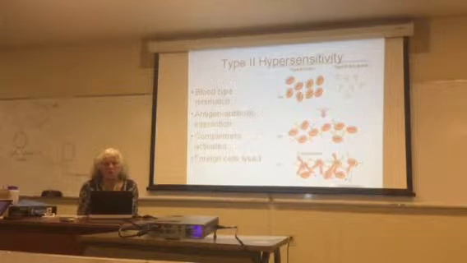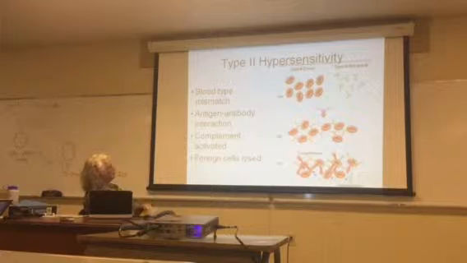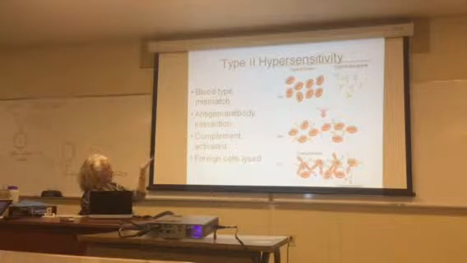So here's showing you a mismatched blood. The donor is type A, and over on the other side, that type A donor is giving blood to somebody that has type B blood.